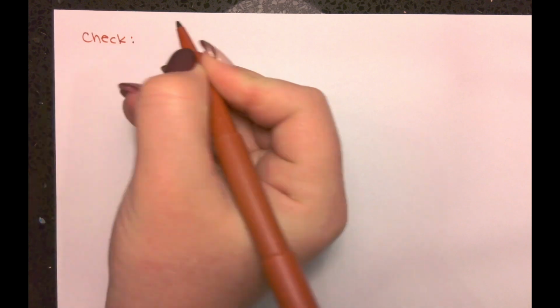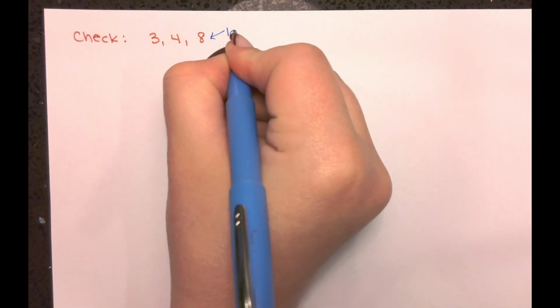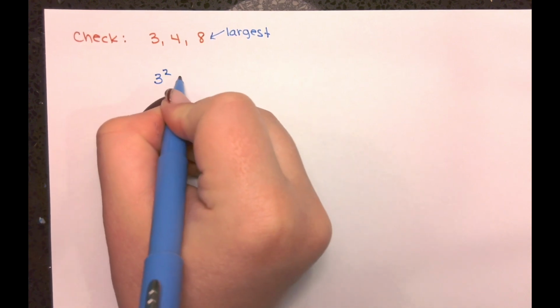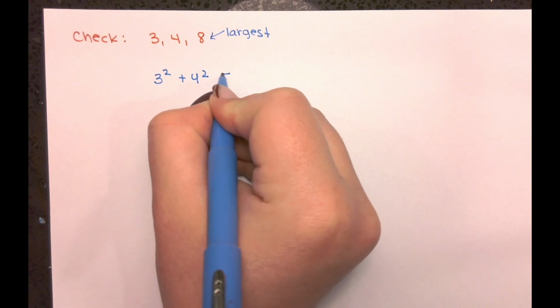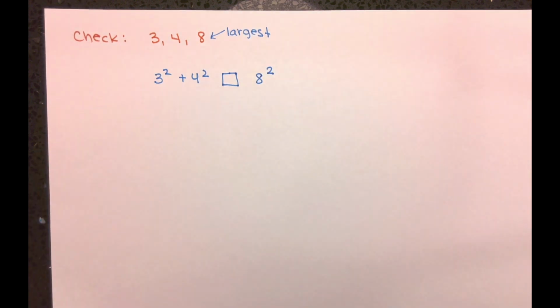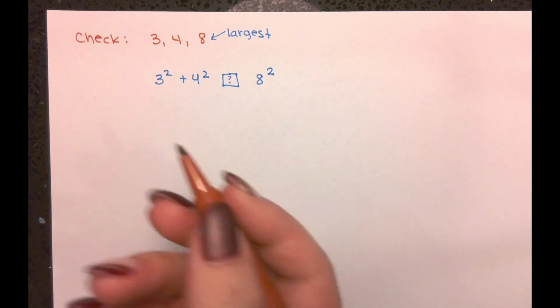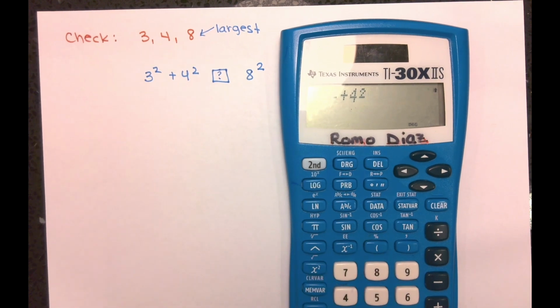So we have 3, 4, and 8. Obviously, 8 is our largest side. So we have 3 squared plus 4 squared. And I'm going to put a little box here. We don't know what the symbol is. Is it bigger? Is it less than? We just don't know. So we have 3 squared plus 4 squared.